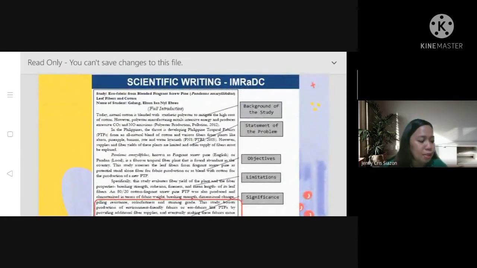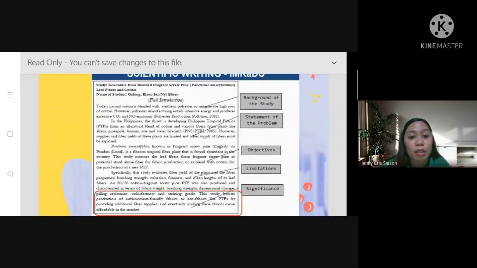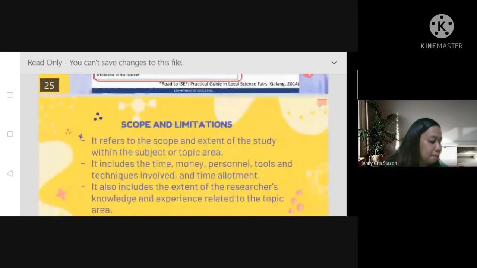Like for example, in the eco-fabric that we are talking about, no, sabi dito, this is important because the study boosts the production of environment-friendly fabrics like PTF by providing additional fiber supplies and eventually making these fabrics more affordable in the market. Okay? So yun yung importance niya. No, magiging affordable na itong mga fabrics na to in the market.